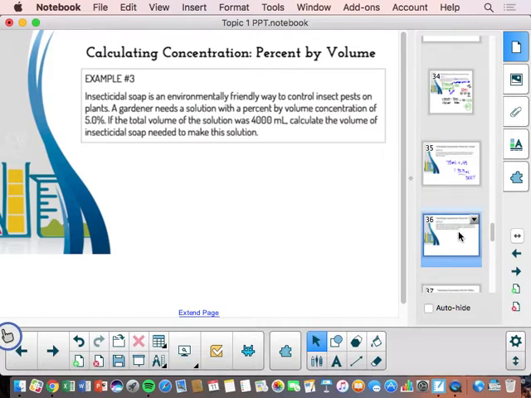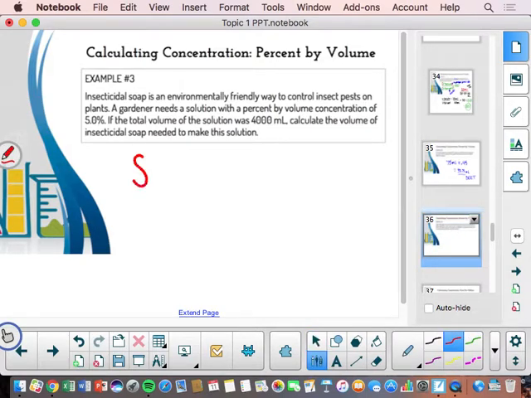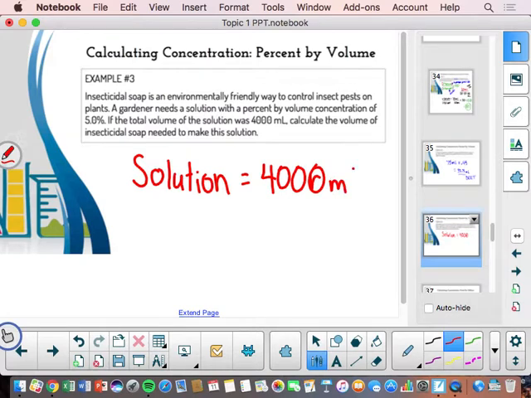If the total volume of the solution was 4,000 milliliters, I'm just going to write down some of the things as I read through it. Calculate the volume of the insecticidal soap needed to make this solution.